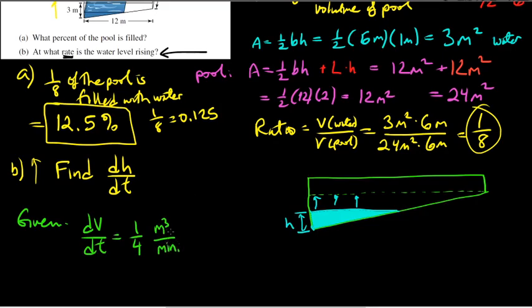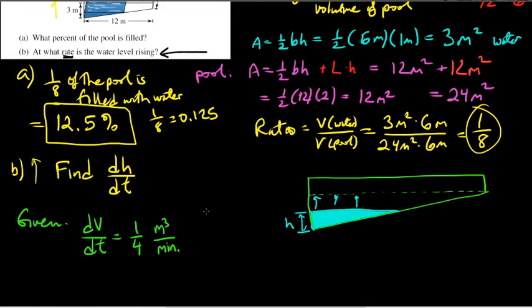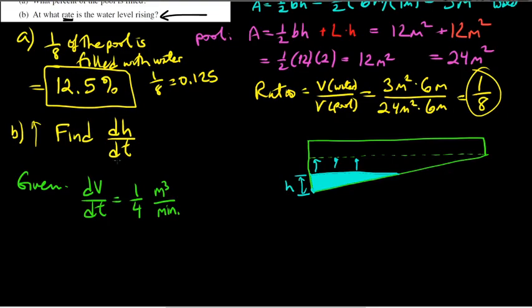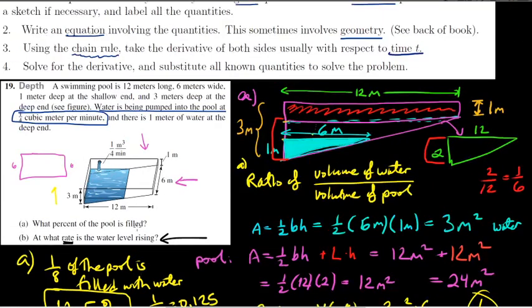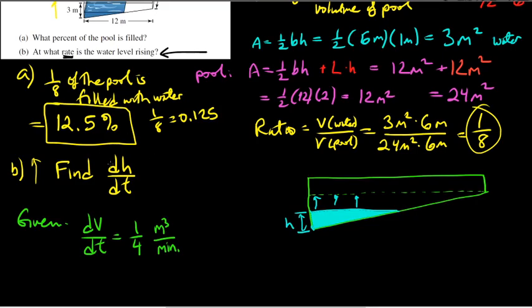I can't use m for minute because we use m for meter. And that is how quickly we're filling up the water: 1/4 of a cubic meter every minute goes into the pool. So what are we trying to solve for? We're trying to solve for the derivative of h when we have the derivative of v.